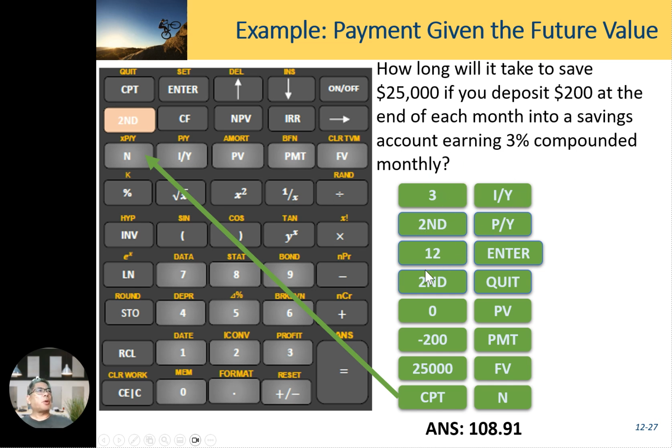Second is P/Y. Why do you do 12? Because it's compounded monthly. Second, quit. Your logic here, and 0 present value, minus 200 is coming from here, and you got 25,000 future value here. Okay. Deposit is always negative, okay, and then you compute and you get 108.91.